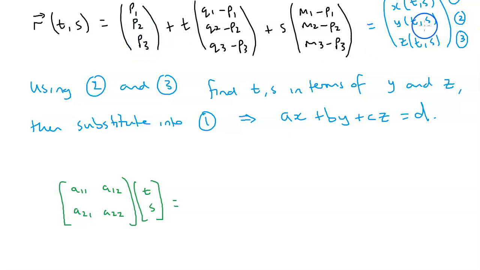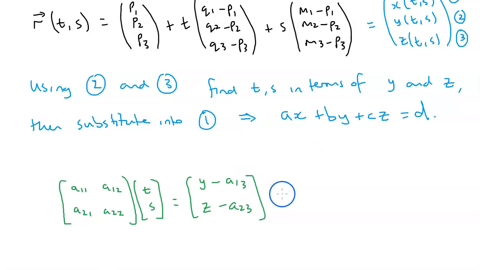So I'm going to bring those over to the other side of the equation. That will give me the vector Y minus A13 and Z minus A23. And so from here we get that T and S.